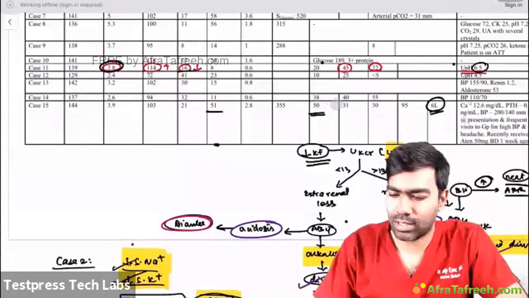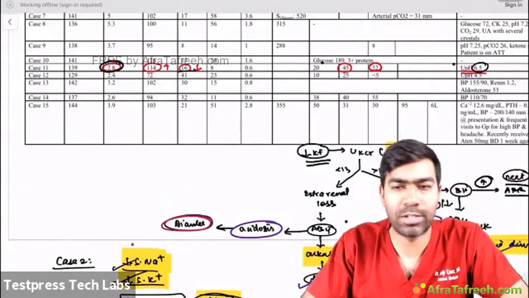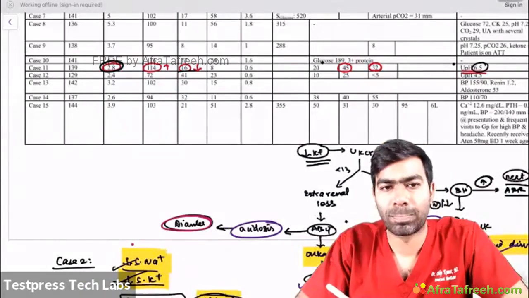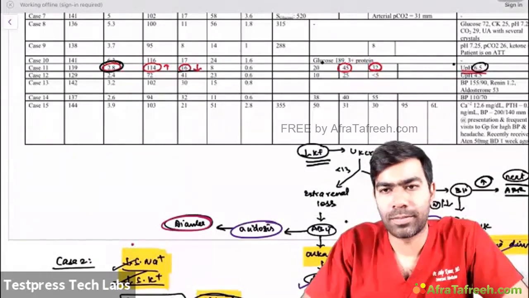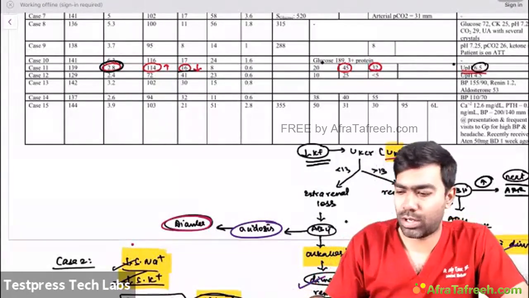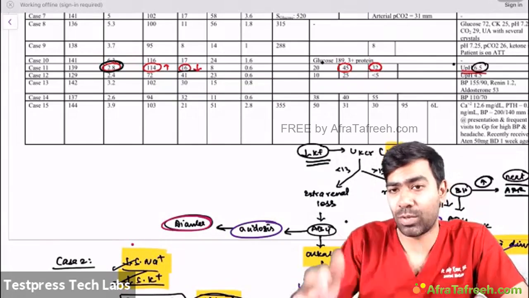It's quite easy. Any other case you want me to explain and help? Any other case you want? We discussed almost every case, I think. Whatever case you asked, I discussed.